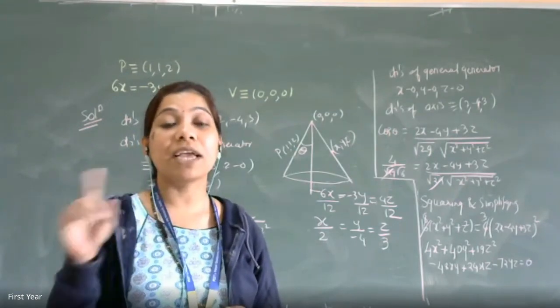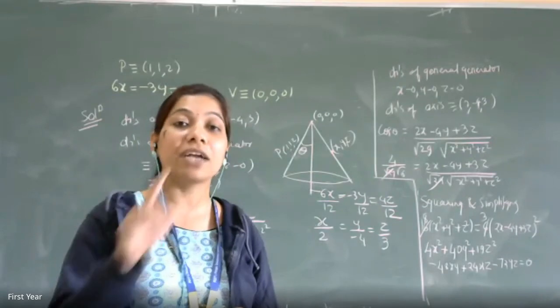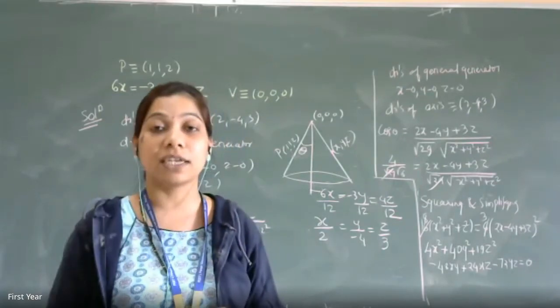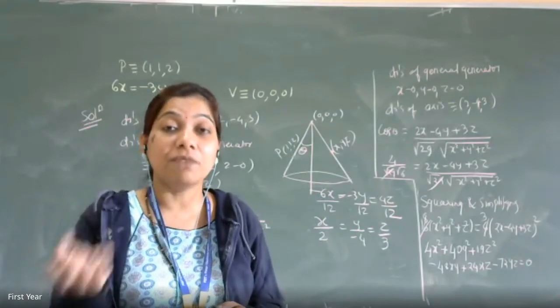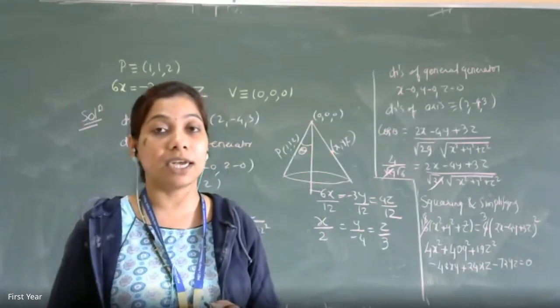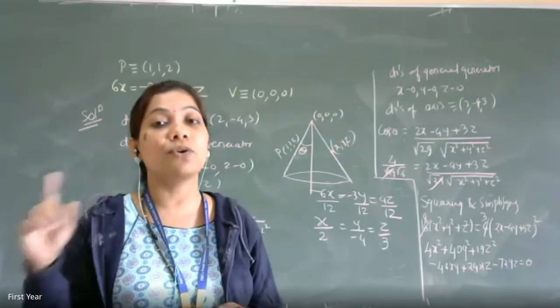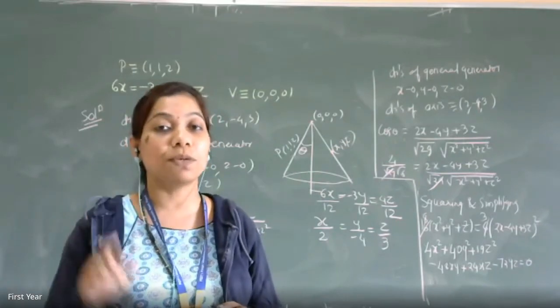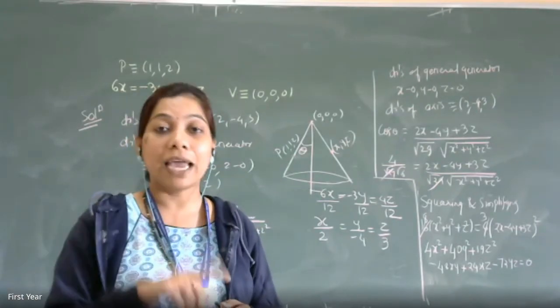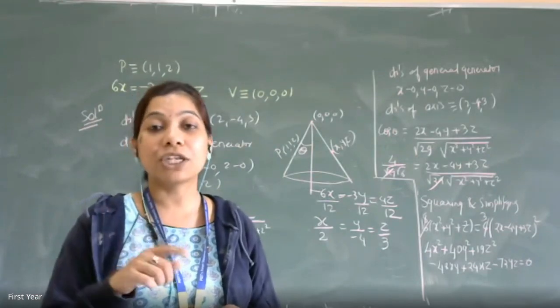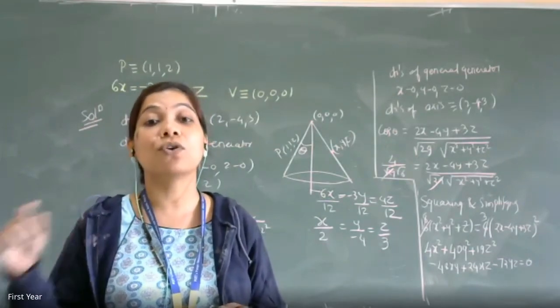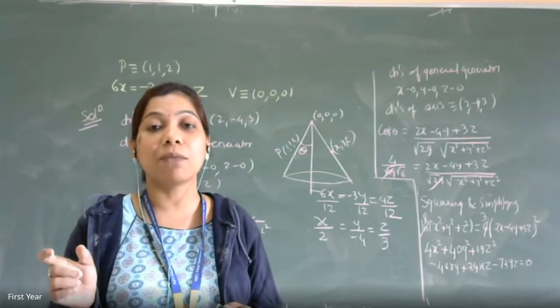So alpha, beta, gamma are the same because it is making equal angle with the x axis, y axis and z axis. So alpha is equal to beta is equal to gamma, meaning cos alpha is equal to cos beta is equal to cos gamma, meaning l is equal to m is equal to n. And l square plus m square plus n square is equal to 1. What will we get from this identity?